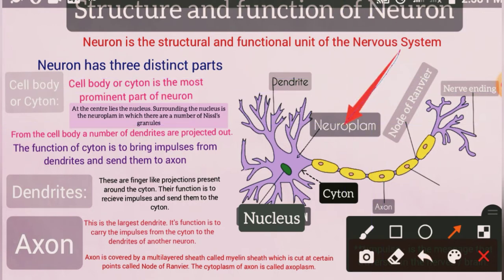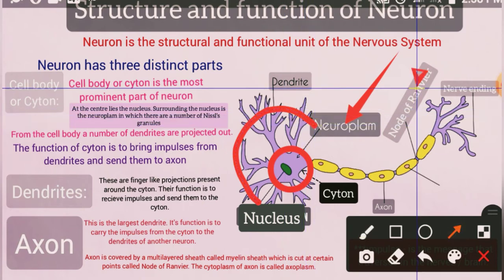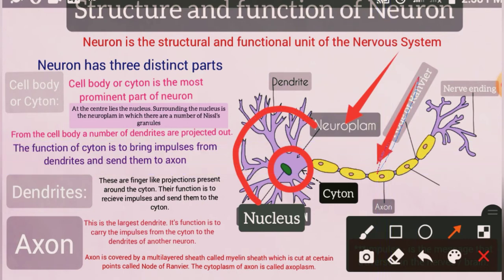And in the diagram of the neuron, you will find that the body of the neuron consists of three different parts. This one is the cell body or the cyton, whereas this projection there is called the dendrites, and this area here is called the axon.